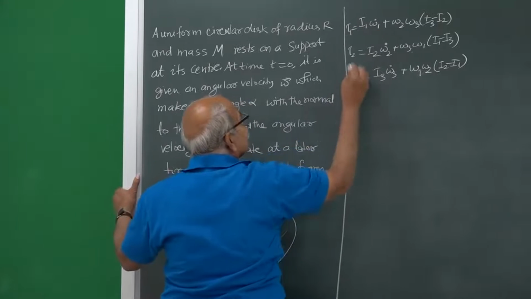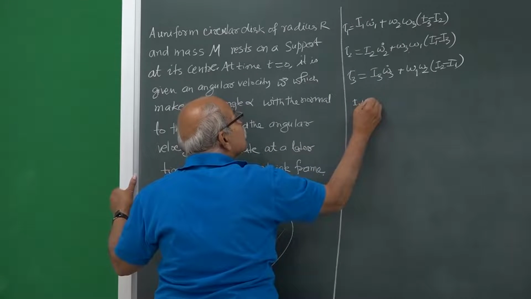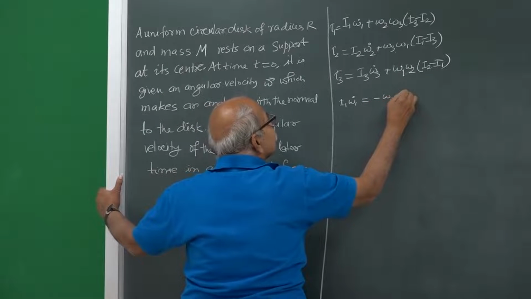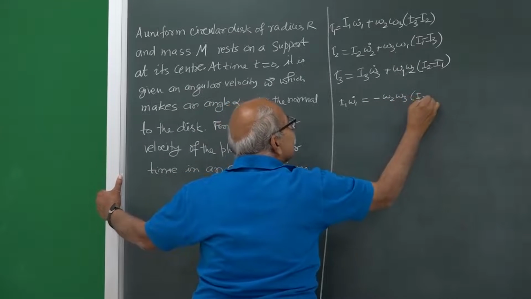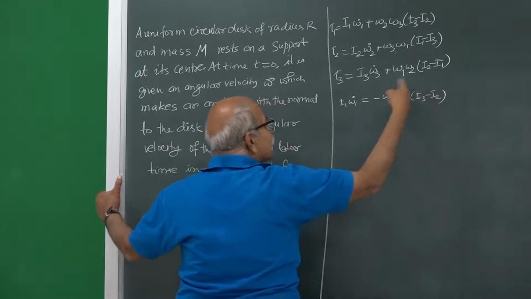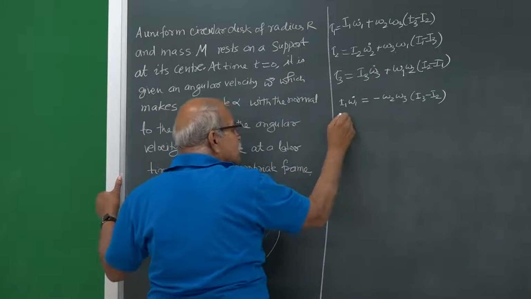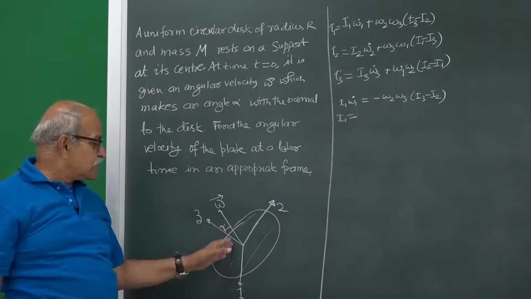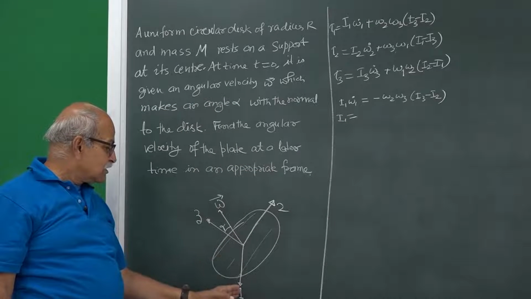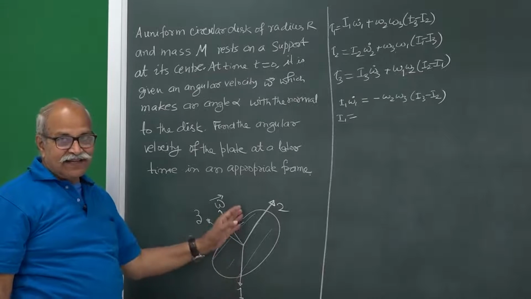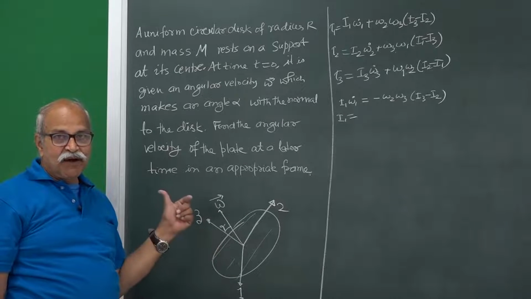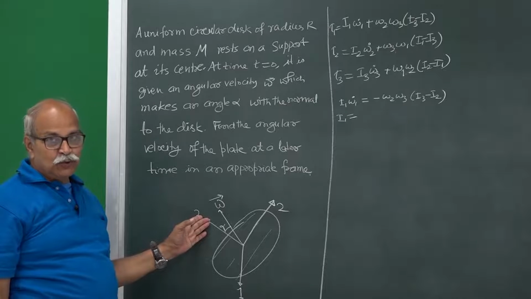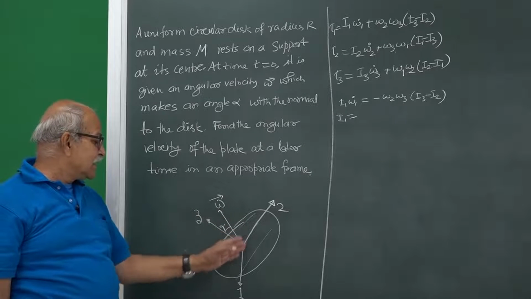What is this? This is 0. So, I1 omega 1 dot is equal to minus omega 2 omega 3 times (I3 minus I2). We know what are I1, I2, I3. What is I1? I1 is the moment of inertia of this disc about this one axis, which is a diameter, and it should be mr square by 4, correct. About this normal, it is mr square by 2, and these two are equal and they add to this one.